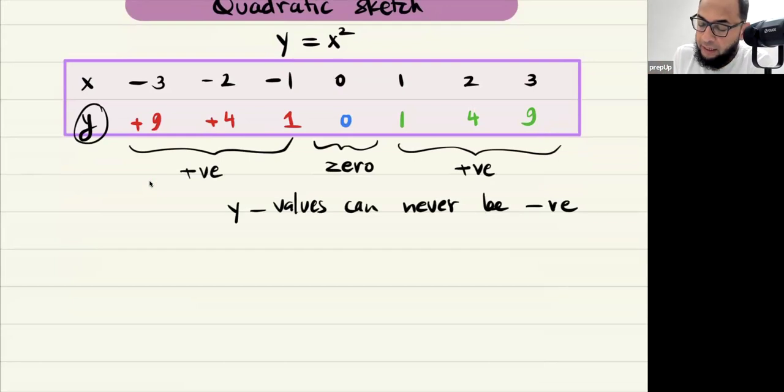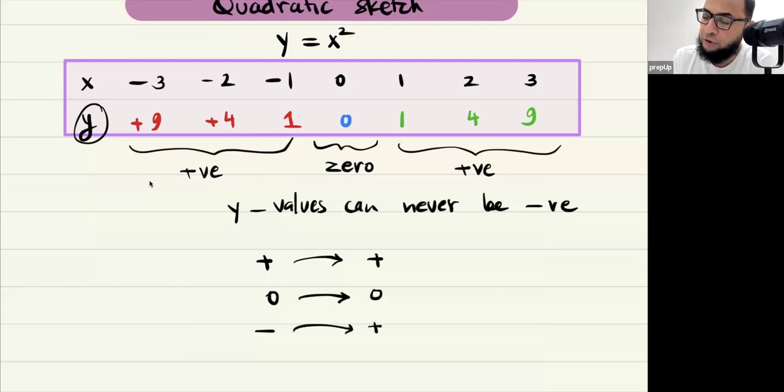All good? Positive remains as positive. 0 remains as 0. Negative becomes positive. So this is all because of this. That is the concept of y equals x square: positive, 0, positive.